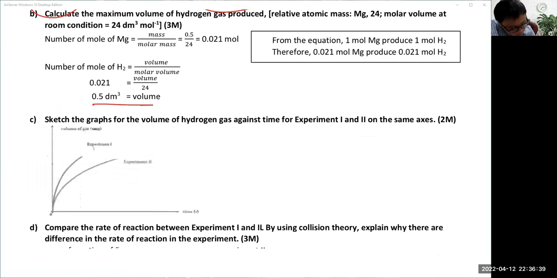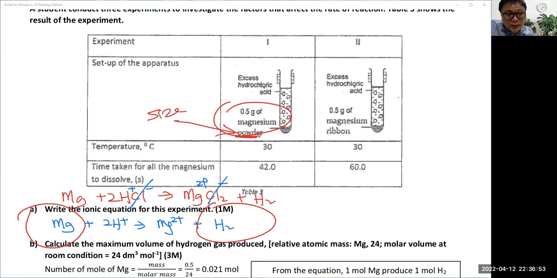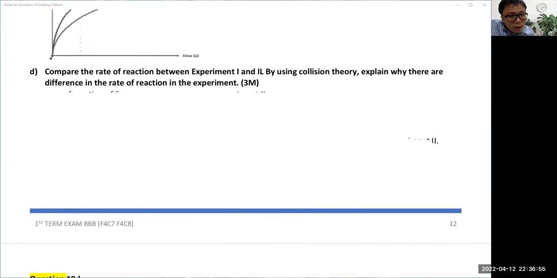Okay, so you can see here, experiment 1 has a higher rate of reaction. Why? Because experiment 1 is higher because it is using powder. So the factor here is size. For size, when it is smaller, the total surface area exposed to the acid will be higher.